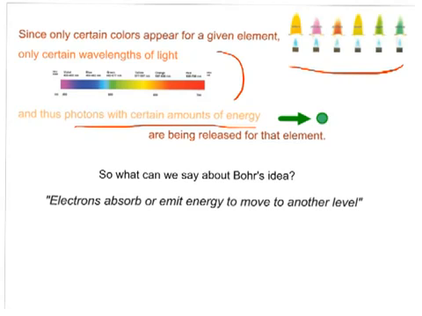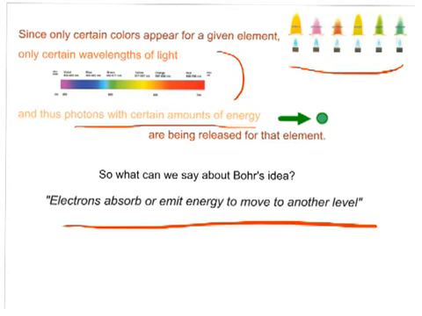Each element is very specifically giving off a certain amount of energy when its electron is moving from one energy level to the next. So what could we say about Bohr's idea that electrons absorb or emit energy to move to another level? Well, certainly we can agree with that from these examples, but we could also say that as these electrons are moving from one energy level to the next, they are emitting a very specific amount of energy.